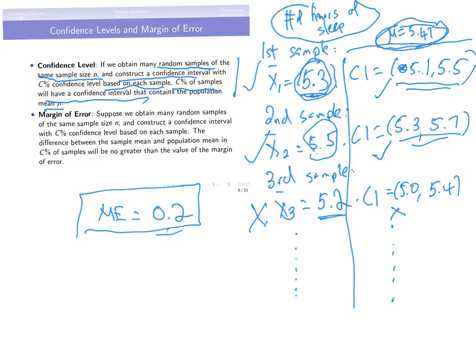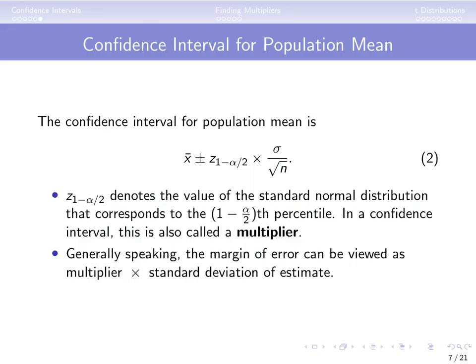Okay, so what is the actual formula for the confidence interval for the population mean? It's given by this equation over here. Sample mean, that's the estimate, plus or minus, and this whole chunk here is the margin of error. This value over here is called the multiplier.